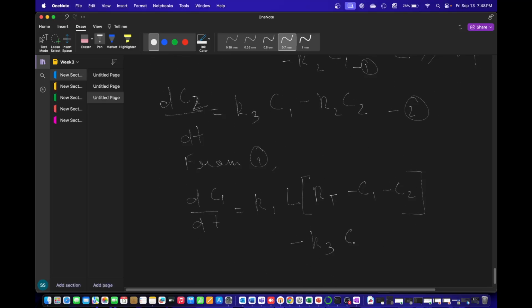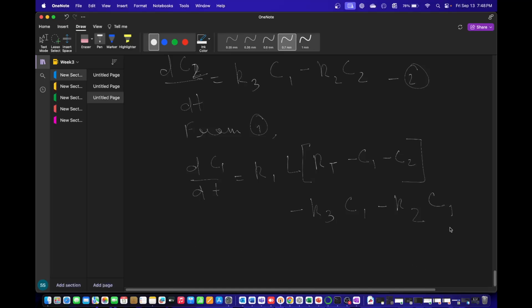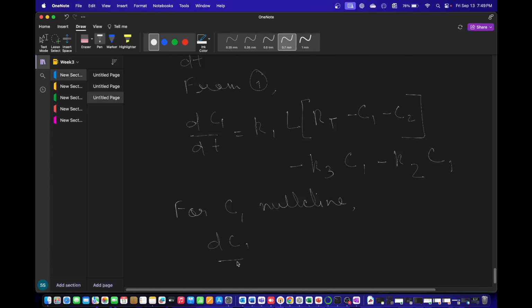Minus K3 C1, minus K2 C1. Sorry, K2 C1. Erase it here. Okay. So for C1 alkyne, dC1/dt equal to 0.